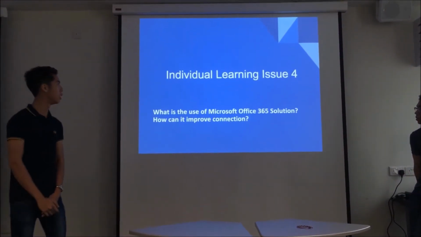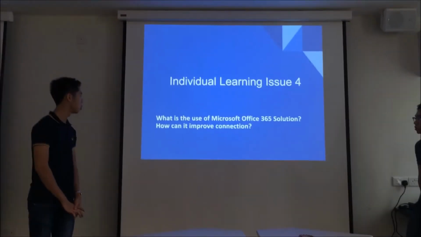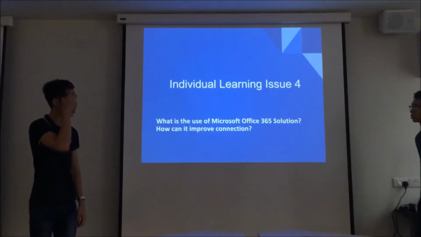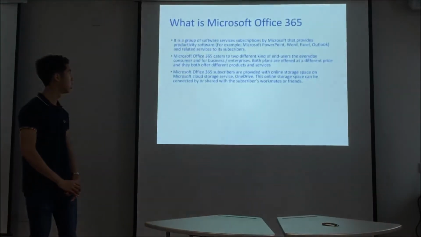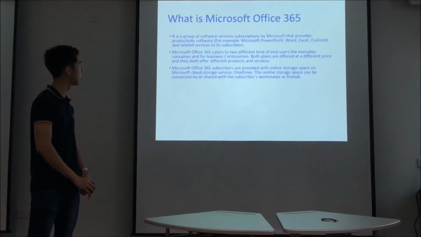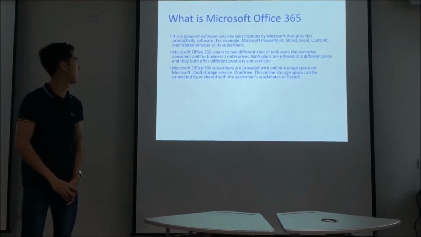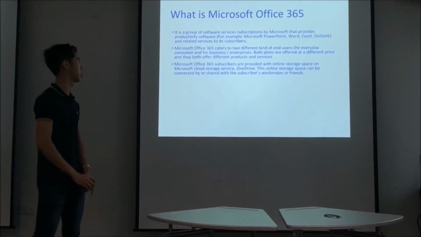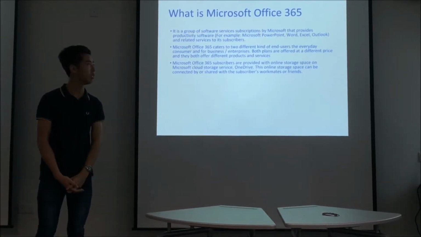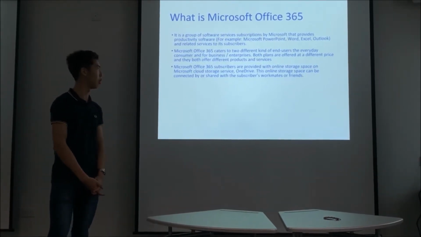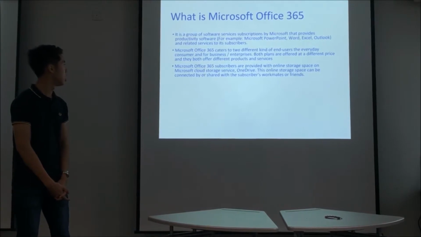Okay, now it's about learning issue 4, which is what is the use of Microsoft Office 365 solution and how can it improve connection? What is Microsoft 365? It's a group of software services subscription by Microsoft that provides productivity software, for example, Microsoft PowerPoint, Word, Excel, and so on.